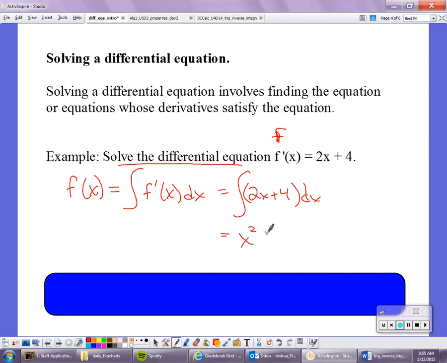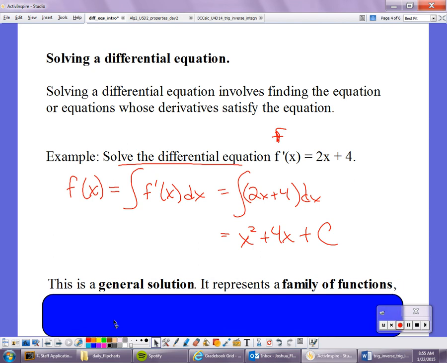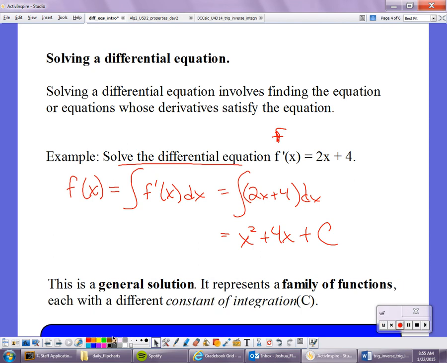And that's a pretty straightforward problem. That's going to be x squared plus 4x, and remember, plus c, our constant of integration. This c that we've been adding on for a while, just as a matter of habit, is important, and we'll see why now. What we get from solving this differential equation is not one solution, but a general solution.